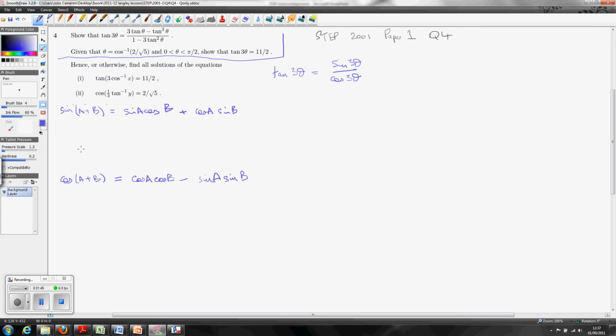Now I want to build up on this side a little bit of machinery, which we're then going to use. The piece of machinery I want to build up is first of all the double angle formula.